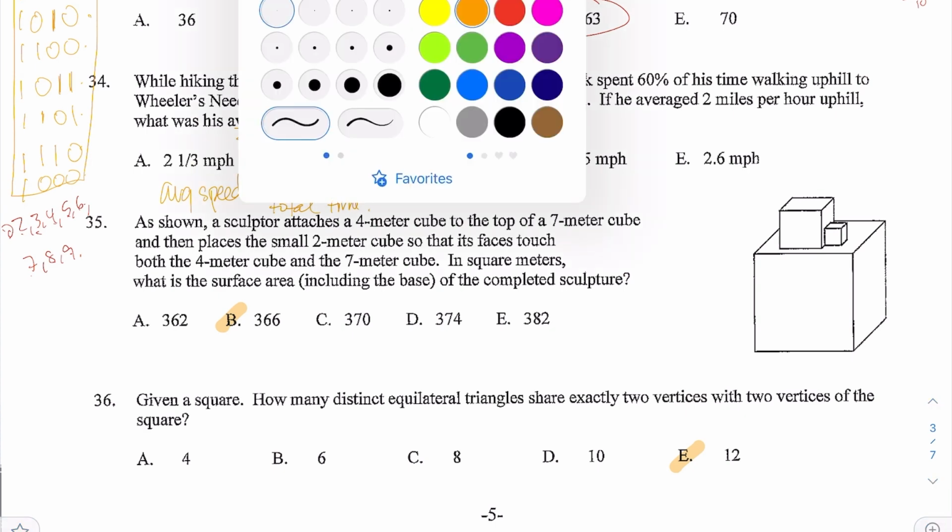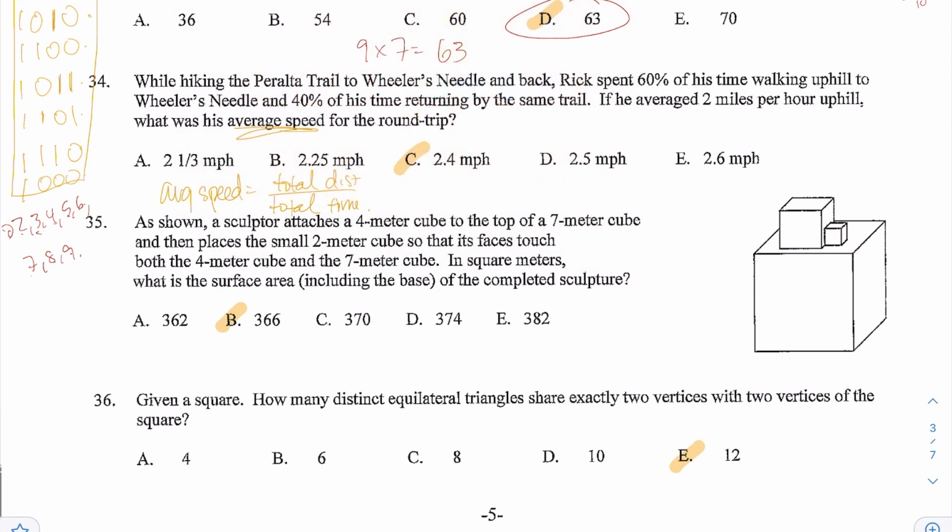All right, so here we pretty much have to do a weighted average. So if he averaged 2 miles per hour uphill, and he spent 60% of his time uphill, you have to do 60% of the 2 miles per hour. And you have to add 40% of his return, which we don't know what it is.